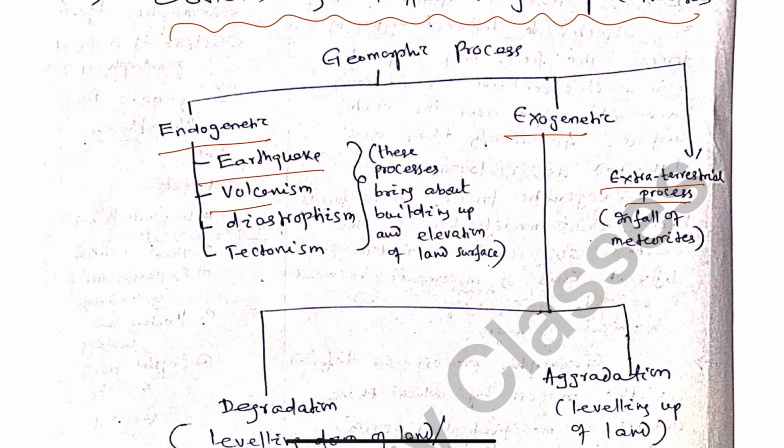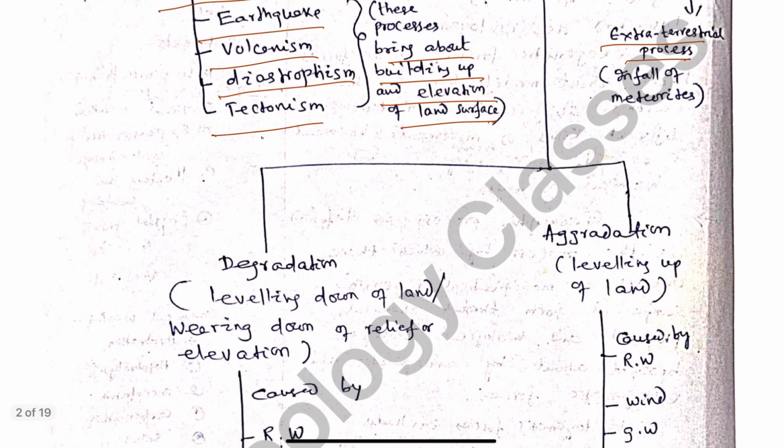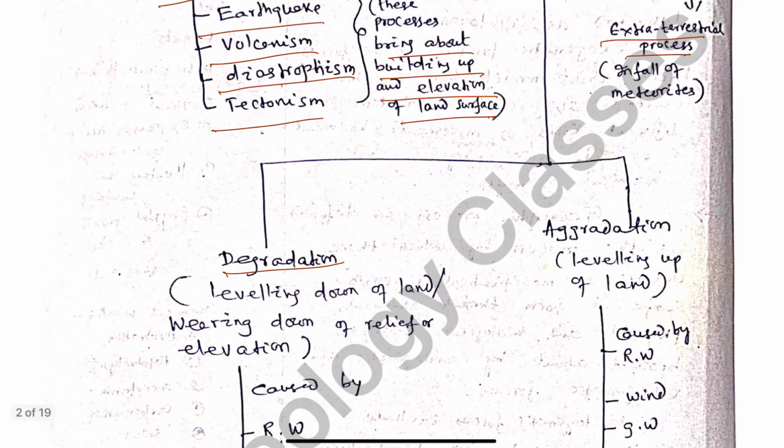This includes earthquakes, volcanism and diastrophism or tectonic forces, which bring about building up and elevation of the land surface, or leveling down of the Earth's surface. In exogenic process, there are two processes: degradation of land and aggradation of land.